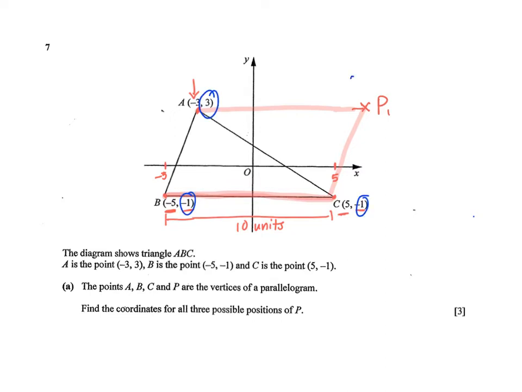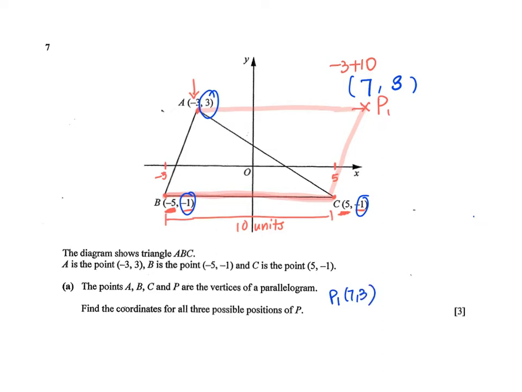So my y will still be the number 3. But I know that my x coordinate increased by 10. So from negative 3, I'm going to plus 10, so that I'll get the number 7. So the first answer, point P1, will be the point (7, 3).